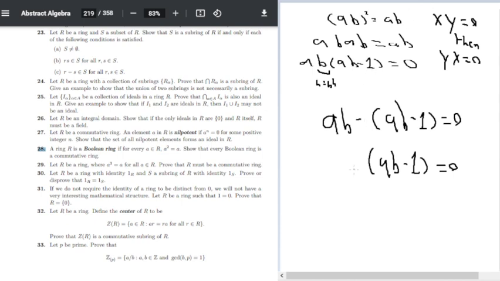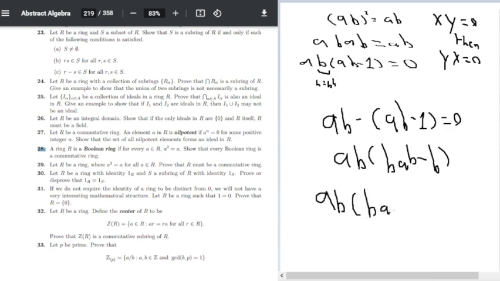I'm thinking what we then do is we have this. We plop that b down into it to get bab minus b. Then we take an a to get bab minus b.